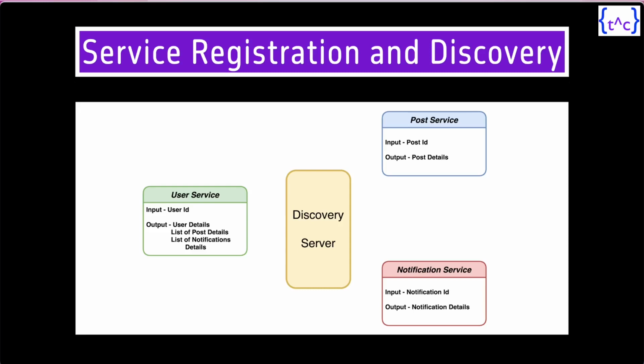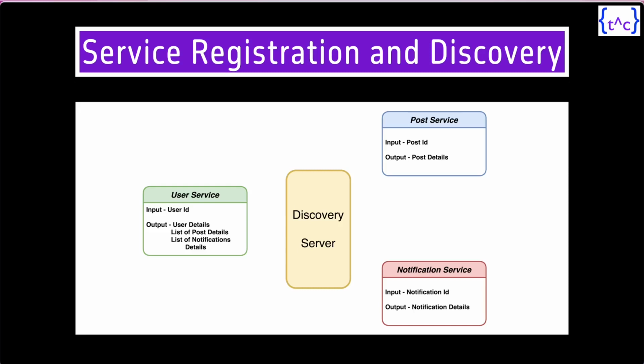This discovery server is a place which is going to have the addresses of all the services which are new or existing. That means if this post service has come up, it should register itself in the discovery server. Similarly, this notification service and user service should register themselves in this discovery server. And what happens now in our example, let's say this user service wants to query this post service.